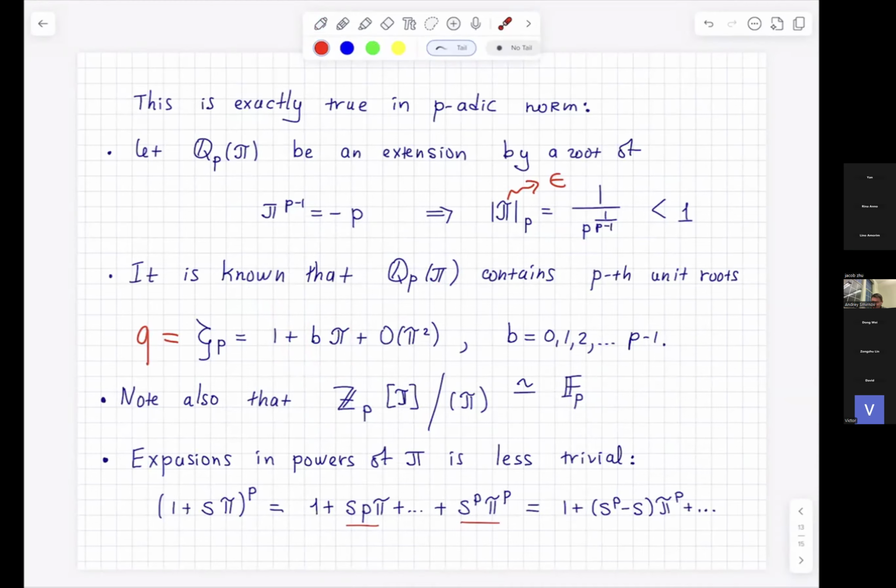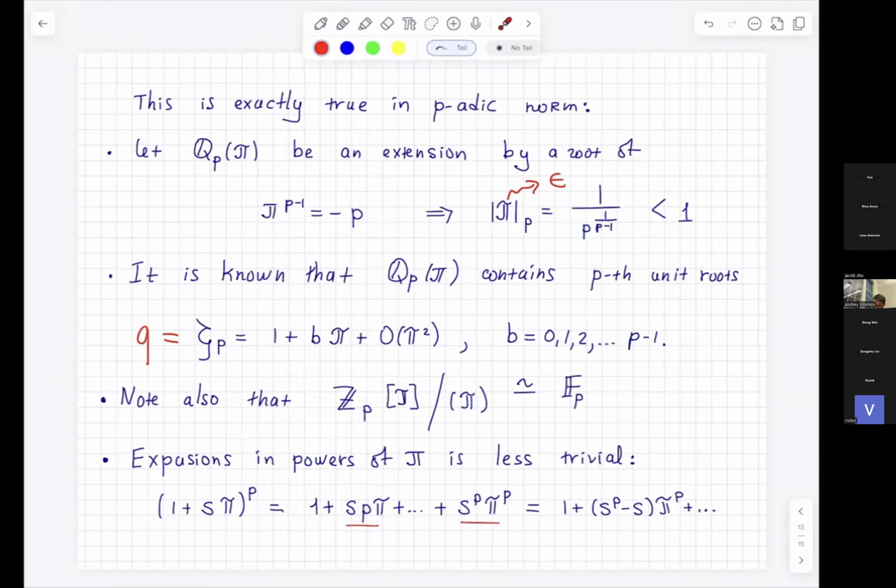But I have to be a little bit careful. There's an interesting new feature when you do this expansion p-adically. So you can note that if you have the following expression, like 1 plus s times pi to the power p, and you expand it up to first non-trivial, first small order in the p-adic norm.